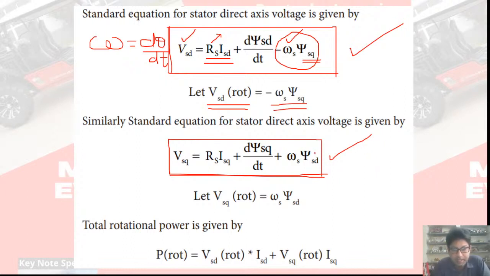So this is the rotational voltage. Now the total rotational power is voltage into current, so I have written VSD rotational into ISD plus VSQ rotational into ISQ. This slide is very clear.